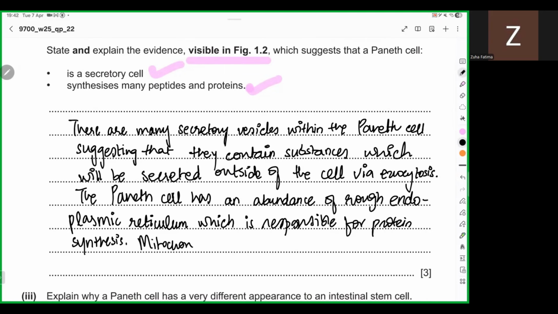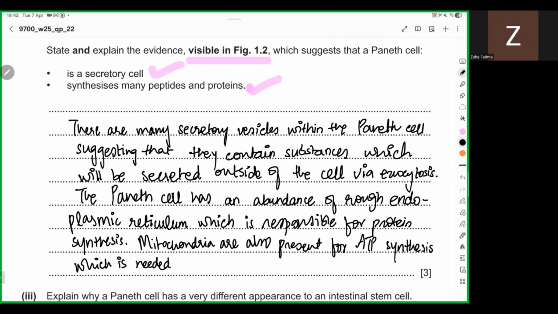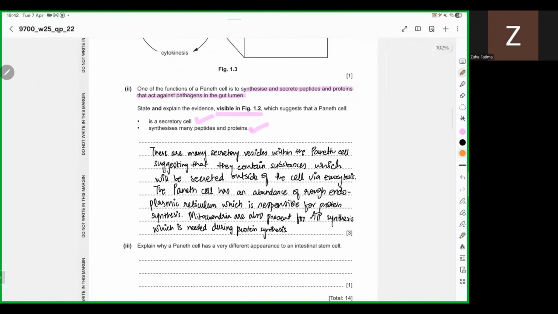Mitochondria are also present for ATP synthesis, which is needed during protein synthesis. So one mark for secretory vesicles, one mark for the presence of rough endoplasmic reticulum, and another mark for mitochondria.